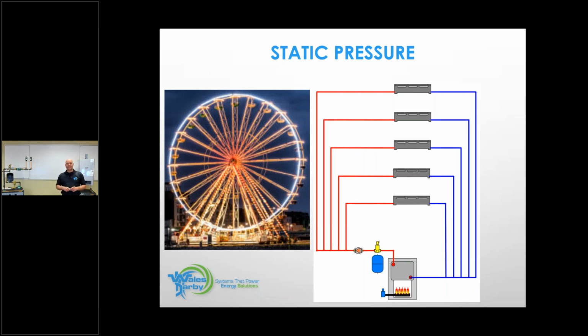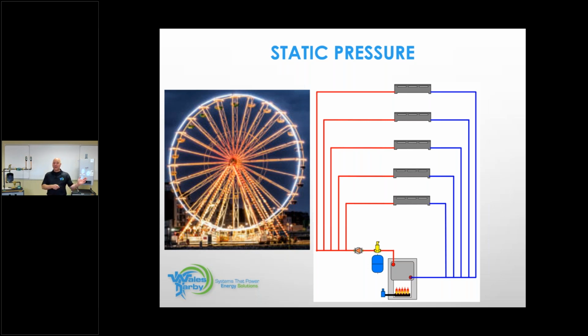So here's a system. Think of it as a Ferris wheel. The person at the top is going to make its way to the bottom. The weight of the chair and the person and everything is going to work its way to the bottom. As it's working to the bottom, it's taking the person that's at the bottom of the Ferris wheel and lifting them up. Our circulator is a centrifugal pump. All we're doing is changing pressures.